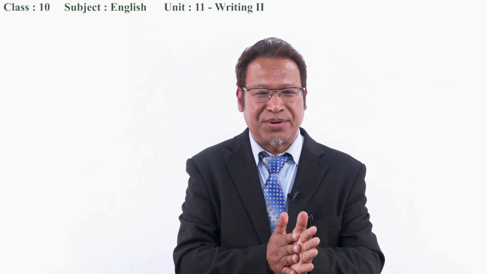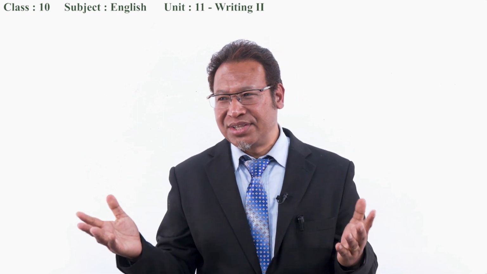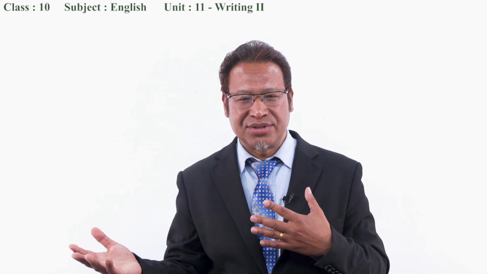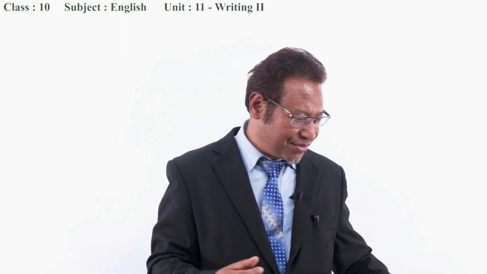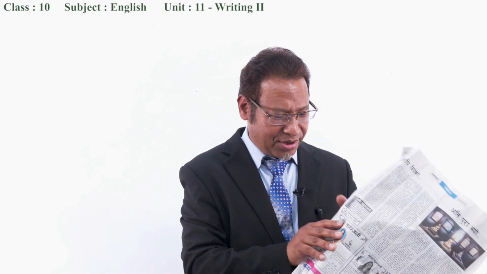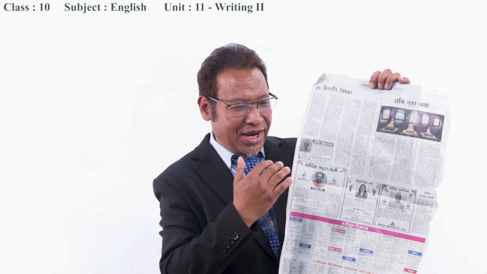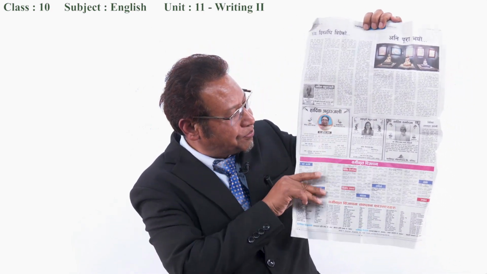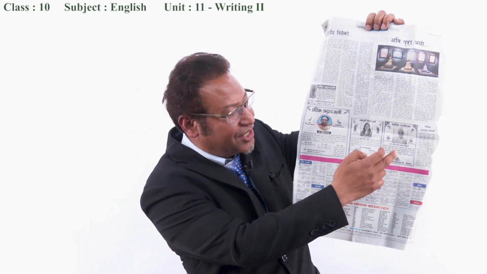Before we discuss condolence, you might have seen in the newspaper these messages of condolence published. For example, here is a newspaper I have brought. If you look at it, you can find "Hardik Shraddhanjali" and "Hardik Samavedana".